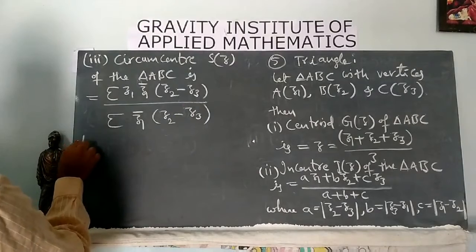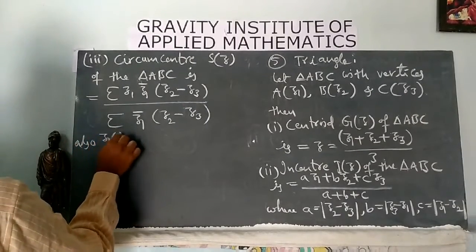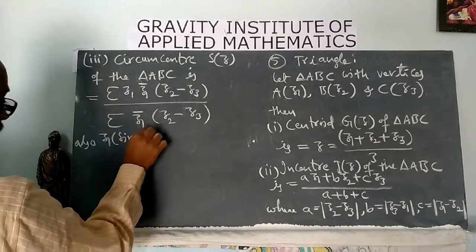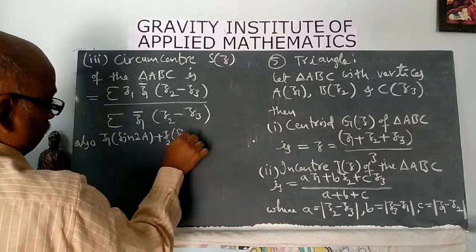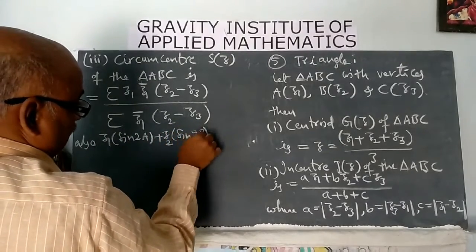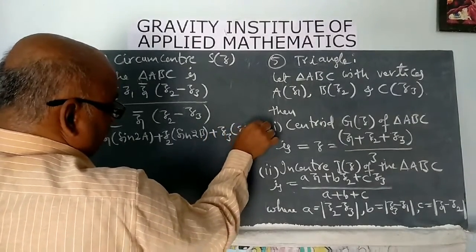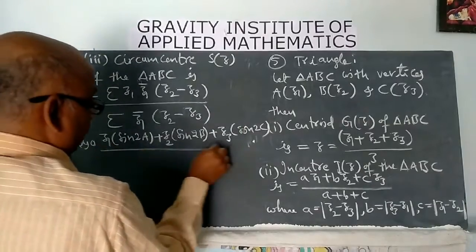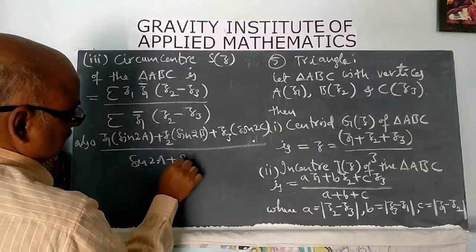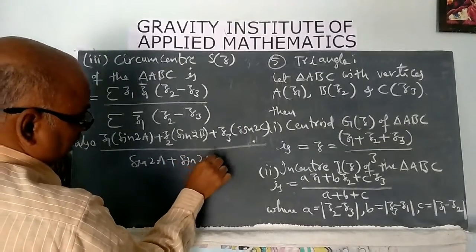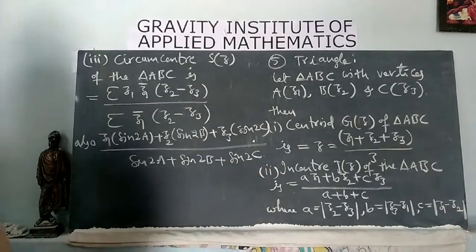Also Z1 into sin 2A plus Z2 into sin 2B plus Z3 into sin 2C whole by sin 2A plus sin 2B plus sin 2C.